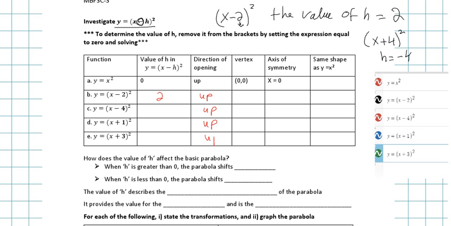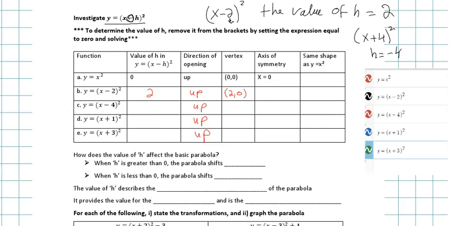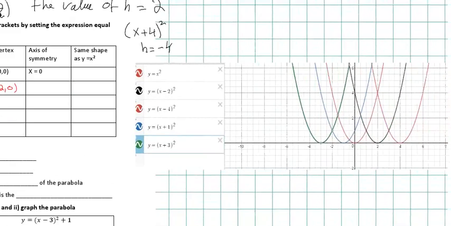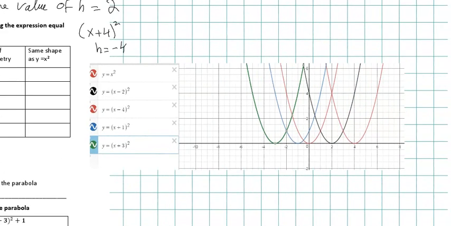What is the vertex? 2, 0. The vertex is a point, so I have to have the x and the y. Now let's go back here for a second. I have the black graph right here. Where do you see the axis of symmetry? x equals 2. That's right. Your axis of symmetry, which is in the middle, is at x equals 2.